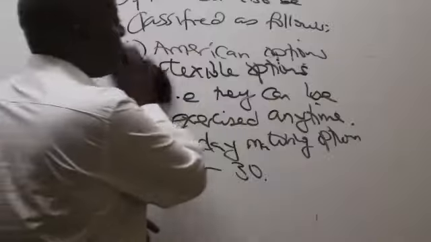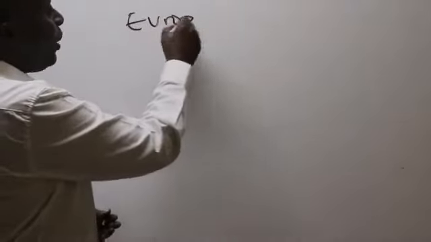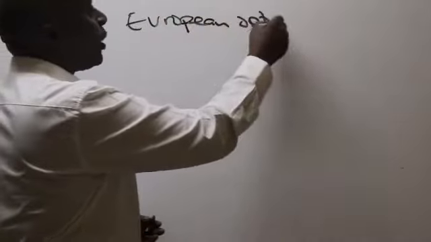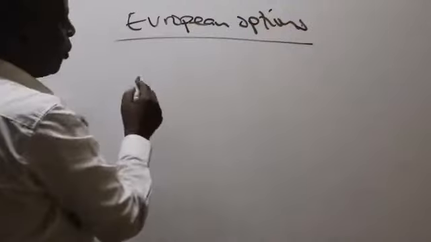So we have, ladies and gentlemen, European options. Nakwambia Wazungu wengi, they are so rigid. Europeans, that is what Africans tulichukua hiyo mambo kwao, hata njia tunavaa. Europeans are very, very rigid. So when we talk of European options, which kind of options are these?